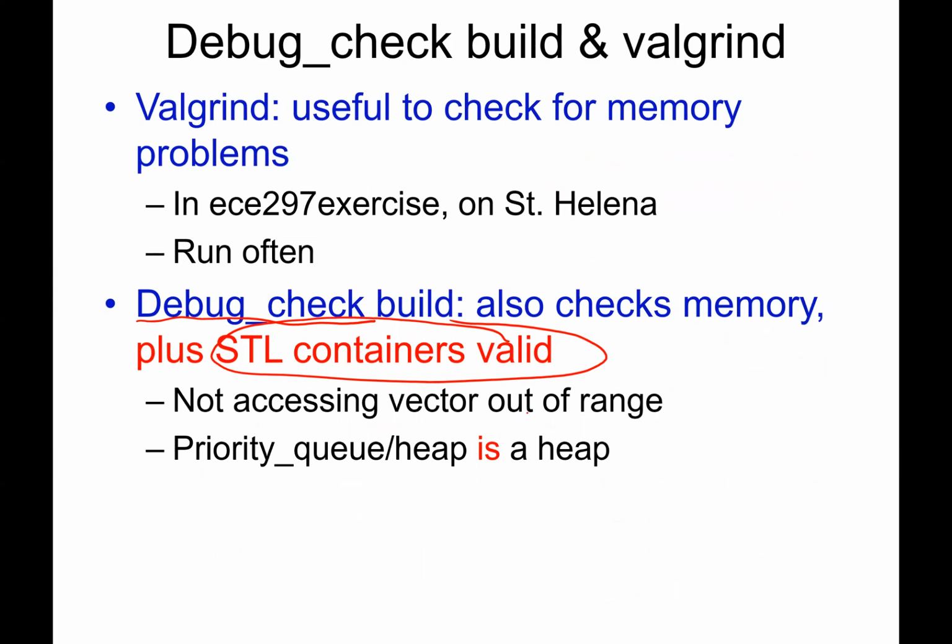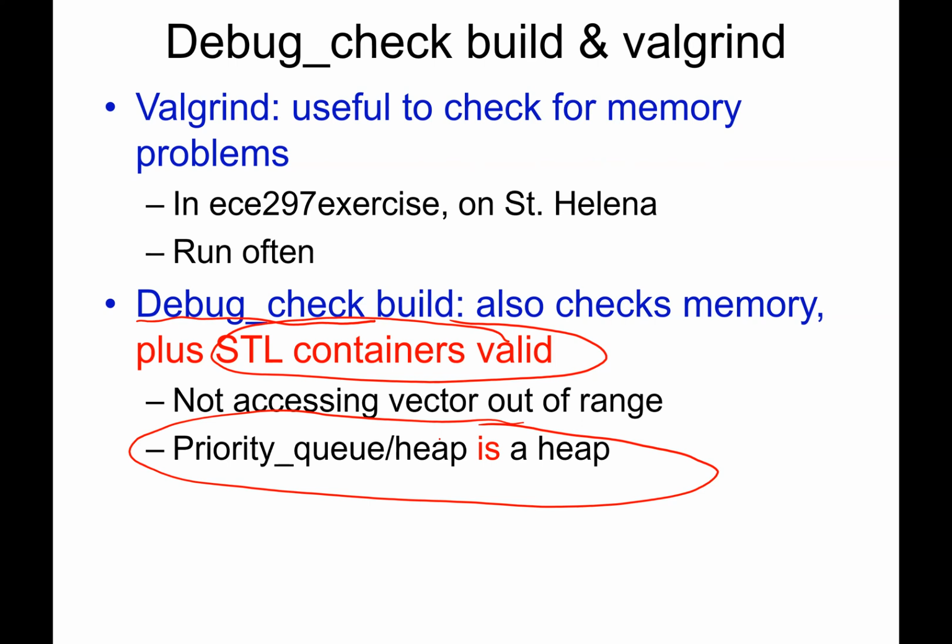Something that it checks that is quite useful in this milestone is if you're using a priority queue, or you directly use a heap, which is what priority queue is built on. There are ways you can insert bugs in your code where you break your heap or you break your priority queue. The priority queue assumes that you push things in with just push, you take them out with pop, and the priority queue will keep things sorted. There are ways you can break that.